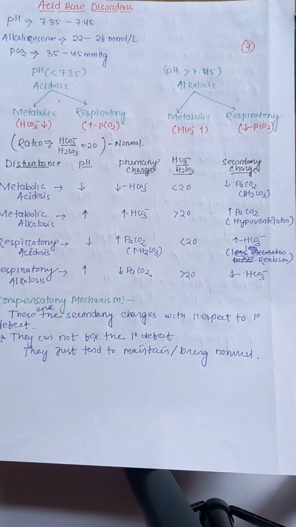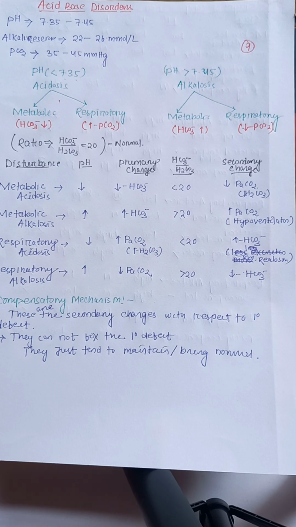In respiratory acidosis, pH is less than 7.35 and the defect is present in the CO2, or the H2CO3. Remember this. If base increases, that causes alkalosis. So in metabolic acidosis, pH is less than 7.35, and there will be a decrease in the HCO3- level. This is metabolic acidosis.